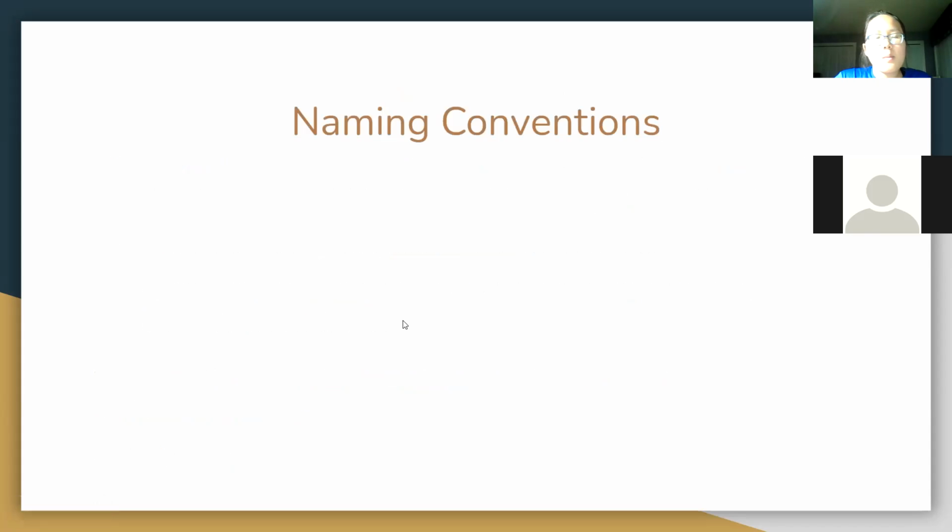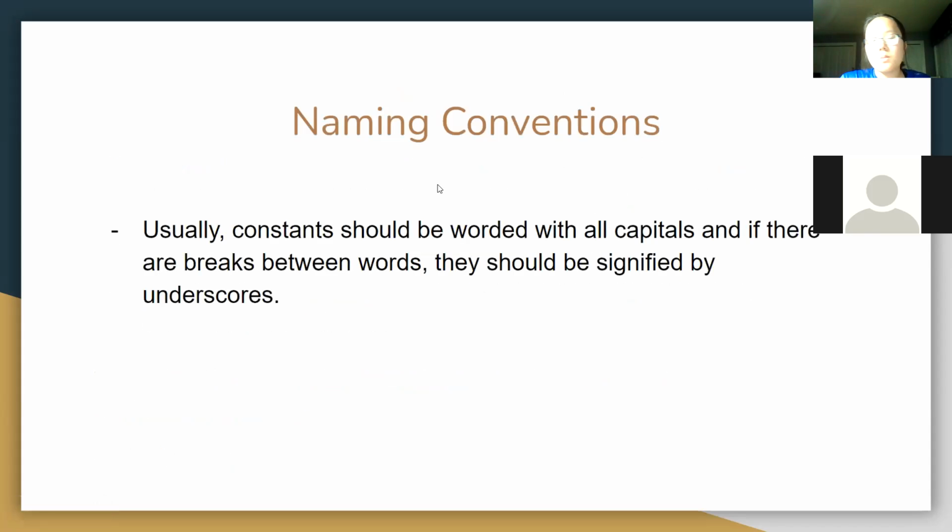Anyways, naming conventions. There are specific naming conventions for various things. For example, with variables, it's usually best to keep the first word lowercase and then capitalize the first letter of every word after that.